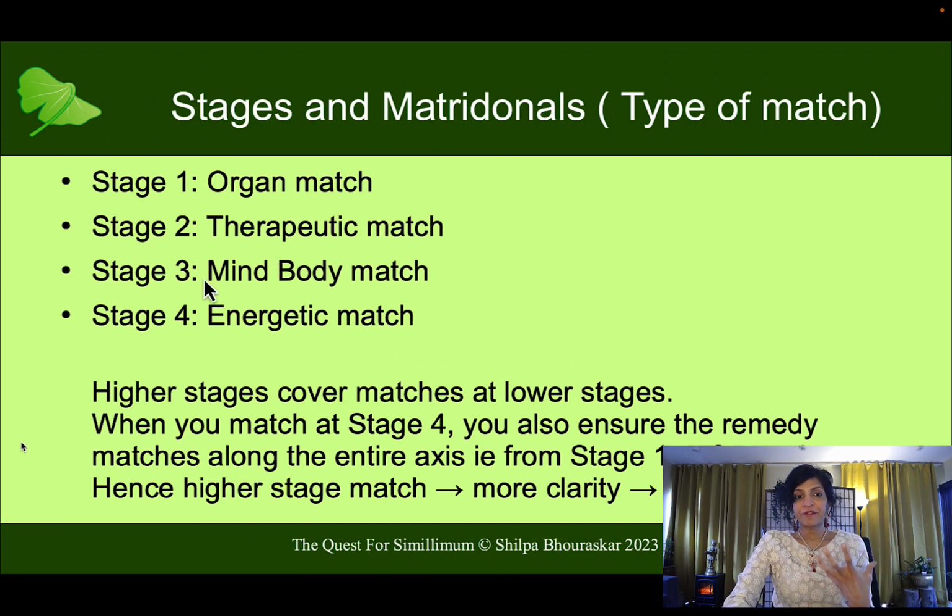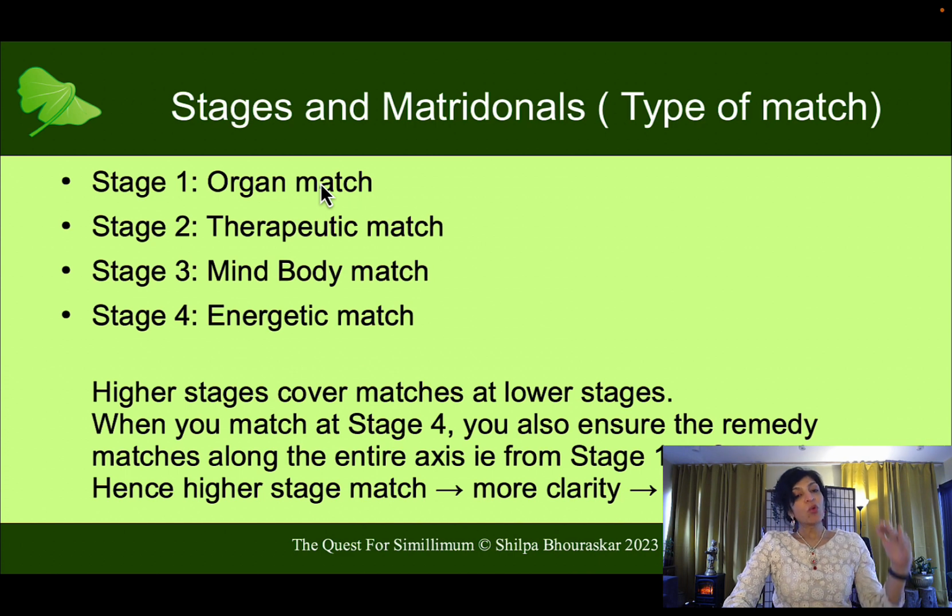So these are the 4 different types of understanding and depth of understanding of the remedies that we need to really get the entire length and breadth of these remedy groups. Now remember, as you start matching these remedies at higher stages, you are also ensuring the remedy matches along the entire axis, which means if you match a remedy at stage 4, you are also matching it at stage 3, stage 2, and stage 1.